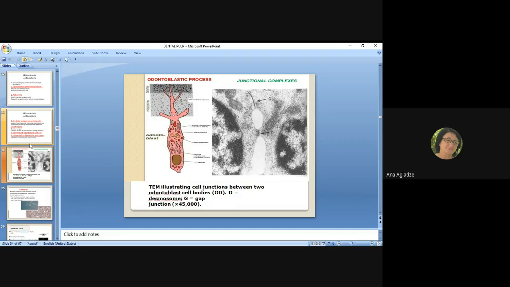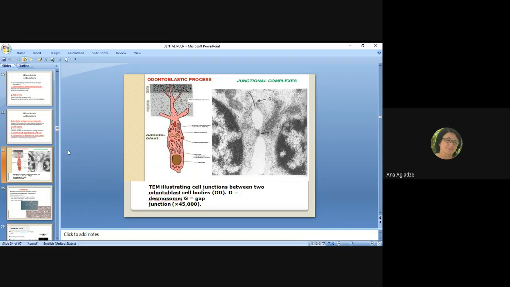These junctions do not completely encircle the odontoblast and so limit rather than eliminate permeability. And they also adjust the polarities for the apical and basal poles. And also, we may say that these tight junctions add to the mechanical integrity of the layer.